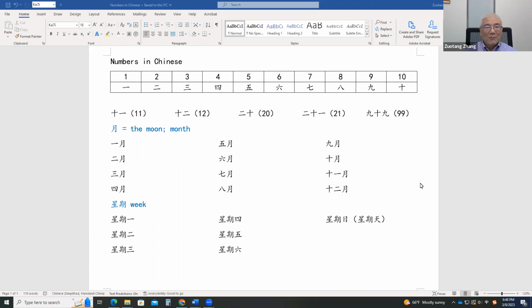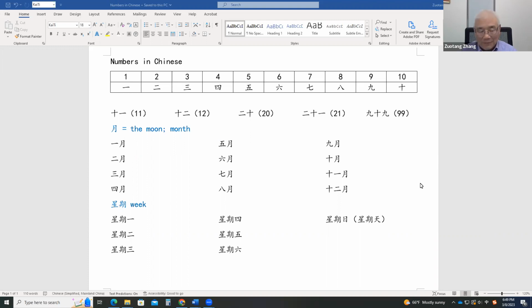Today we are going to learn numbers in Chinese. Please listen carefully. Numbers in Chinese play more roles in conversation and in daily life than numbers in Western languages.